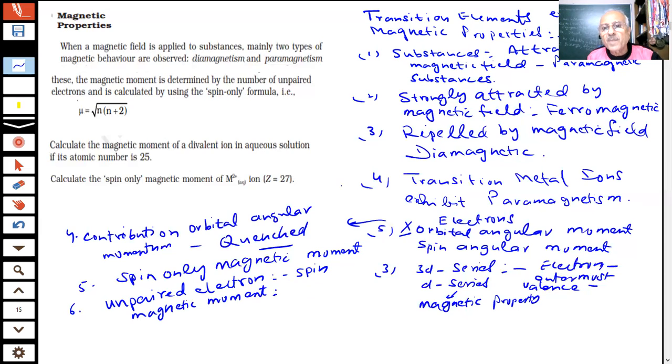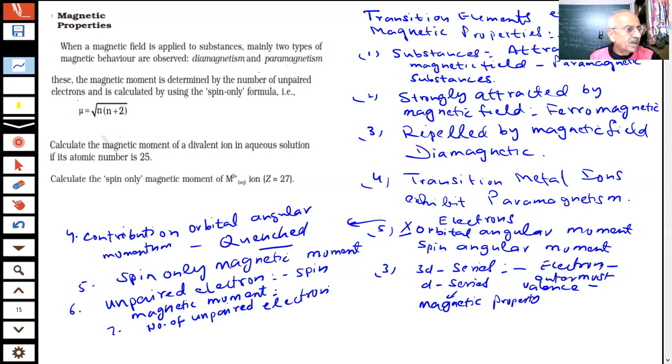If the electrons are paired, the spins cancel out, and only when there is an unpaired electron does it have a spin magnetic moment. So it will depend on the number of unpaired electrons.